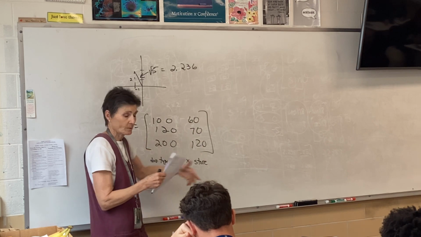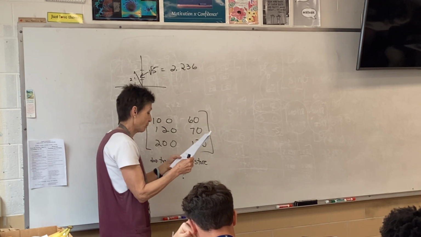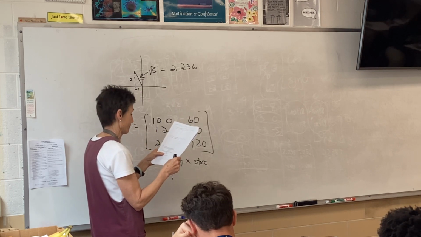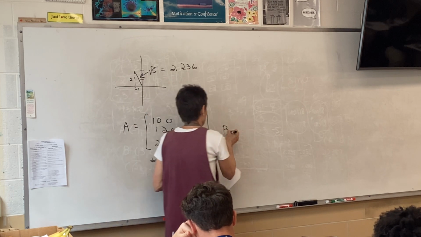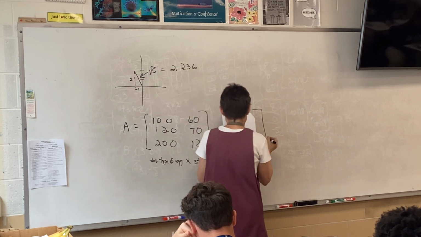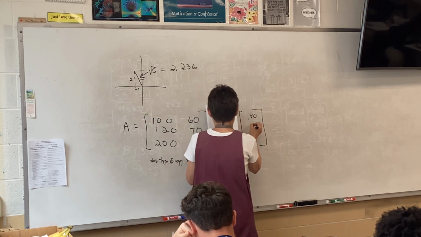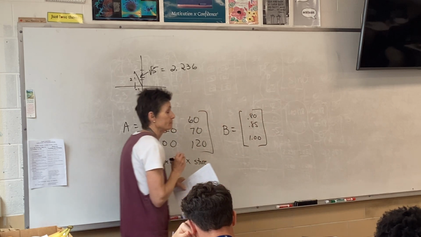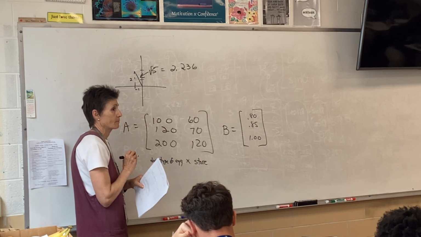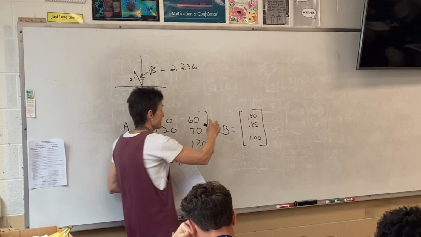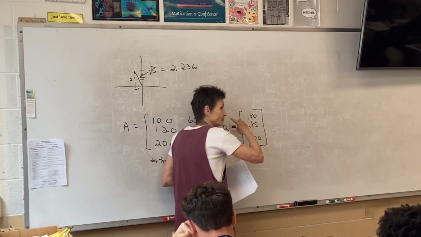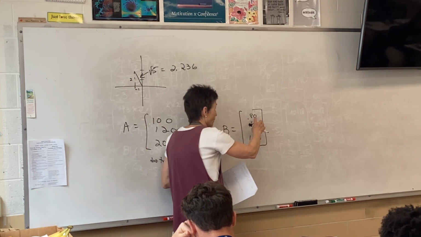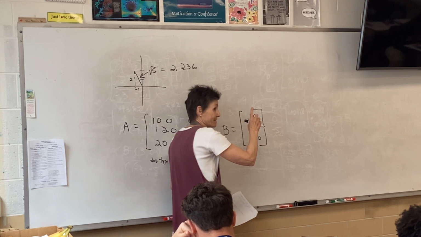Got it? Okay. The per dozen price they charge for eggs is this. This is A or B. So what does this row represent? Well, okay, but the price of what?